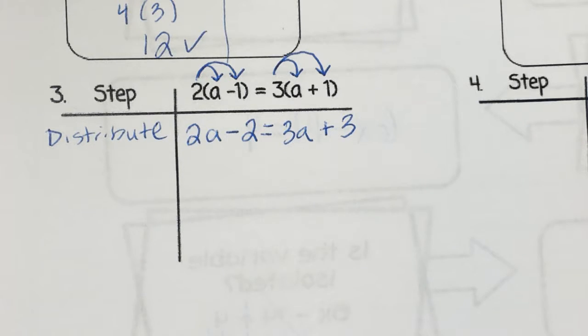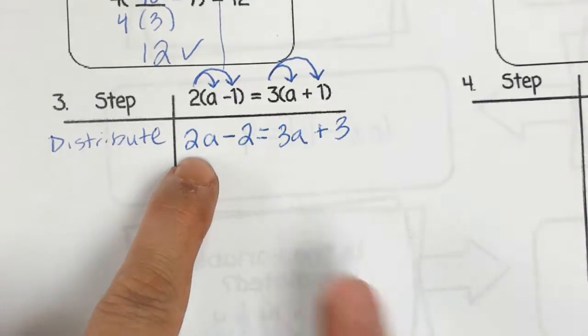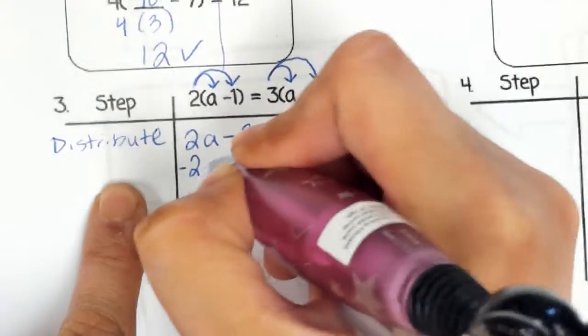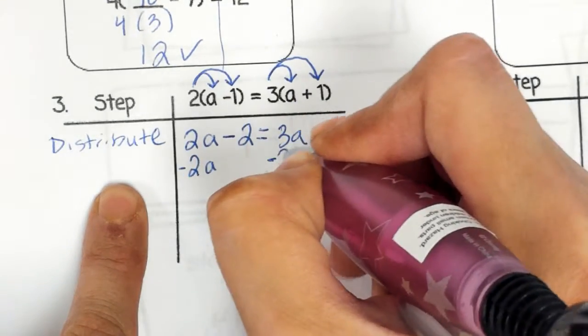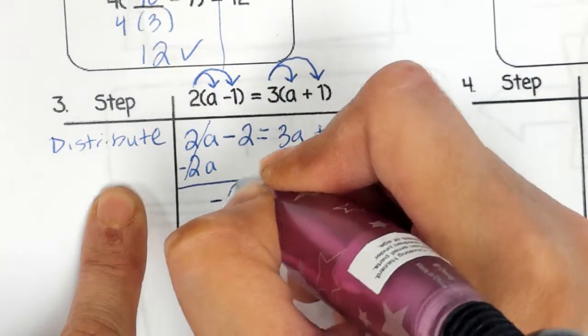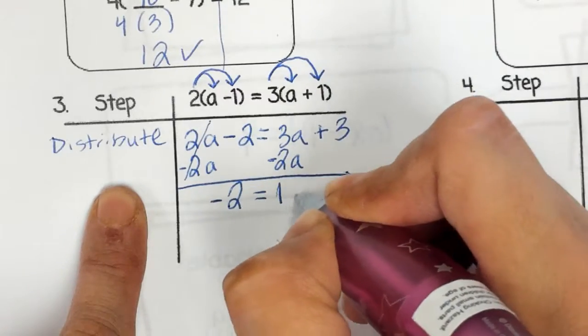Yes, I need to do that. I have a's on both sides. So I'm going to move the smaller one, move 2a. It's positive 2a, so I subtract. So 3a minus 2a is 1a.